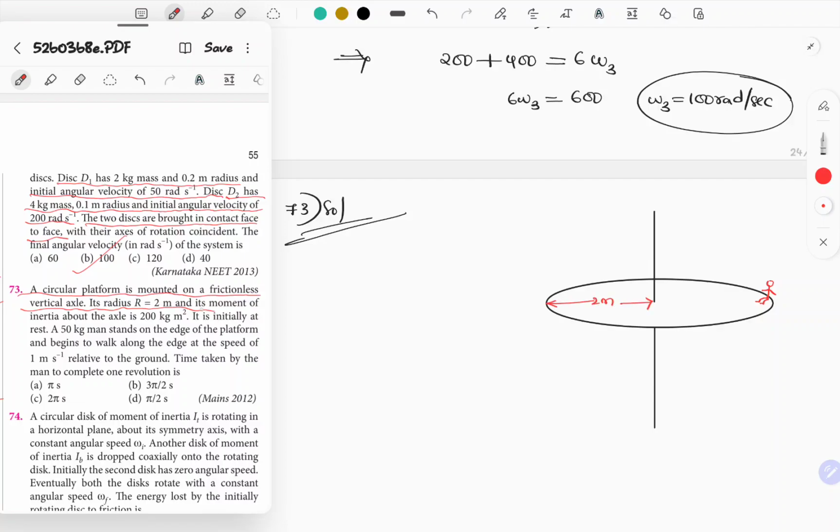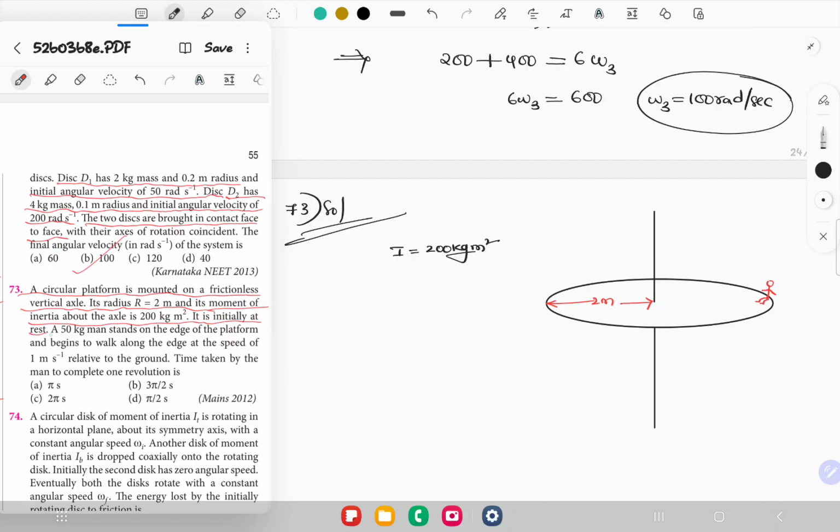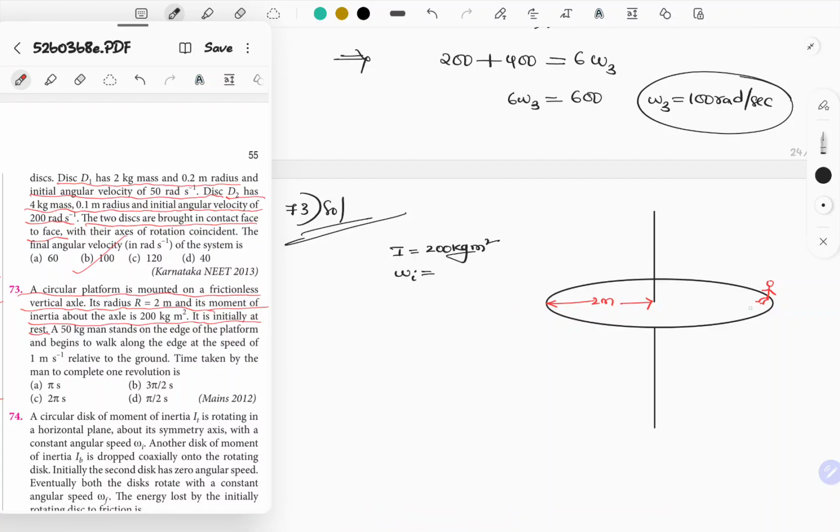Next, moment of inertia about the axle is 200 kg meter square. Next, it is initially at rest. That means angular velocity of the disc is 0 initially.